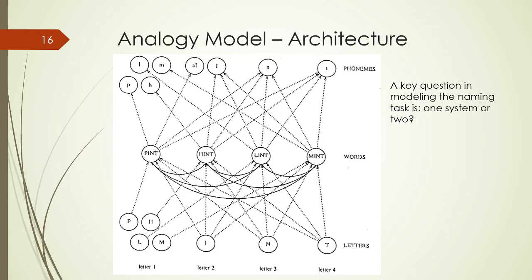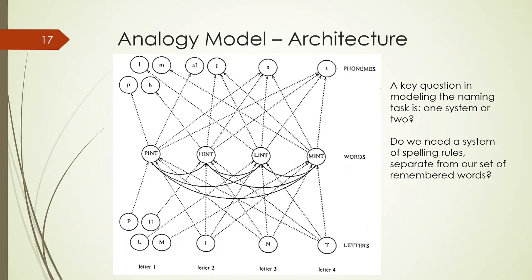All pronunciation responses are mediated by activation passing through this word layer. That's going to filter how things occur. And so you can argue that this system does not include any spelling to sound rules. But is that really true?